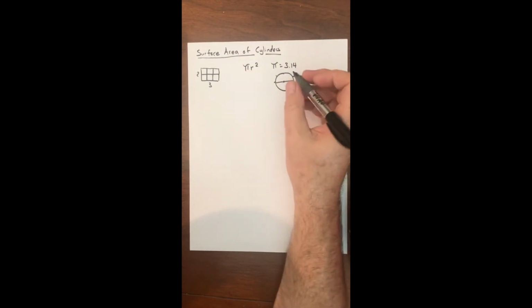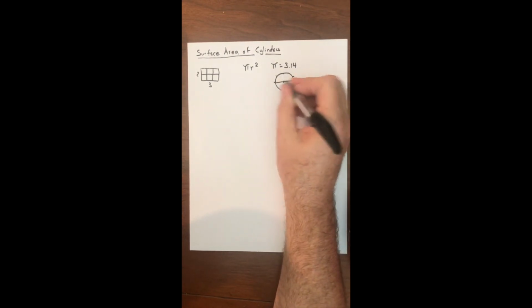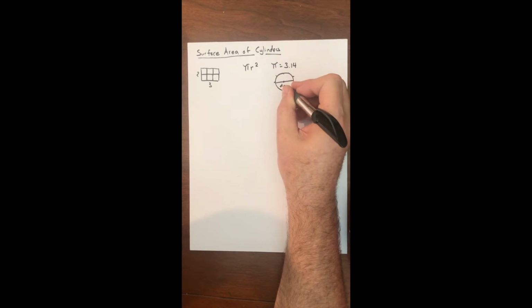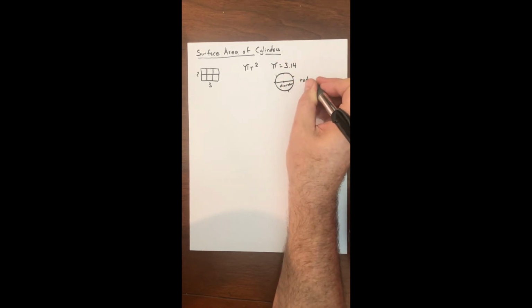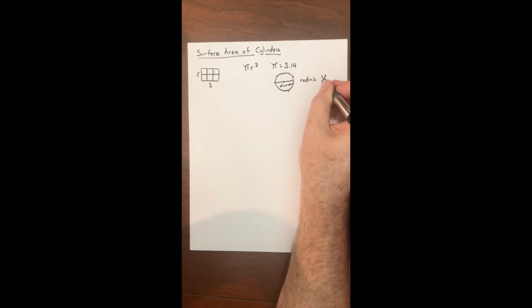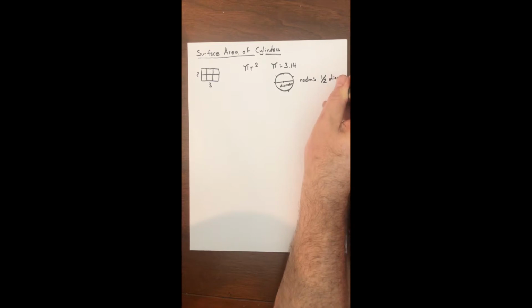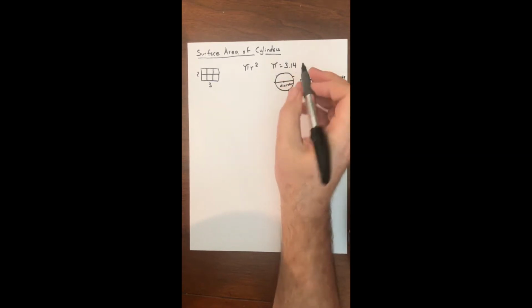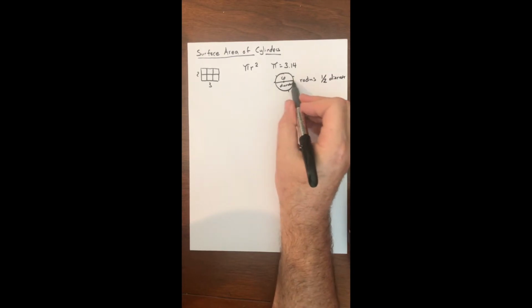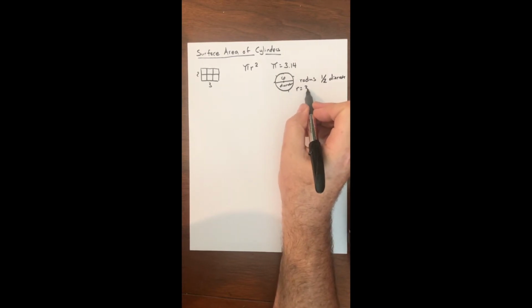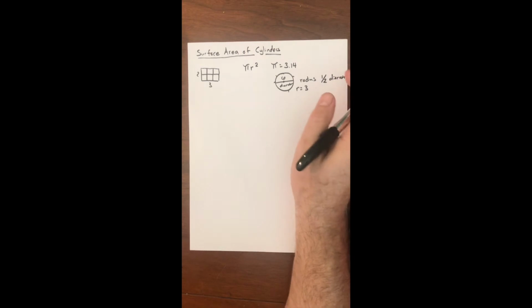Now the radius, if you forgot, the whole distance across is the diameter. And the radius is 1/2 the diameter, right? So if this diameter was 6, the whole way across, the radius would be 3 because it's half of 6, right?